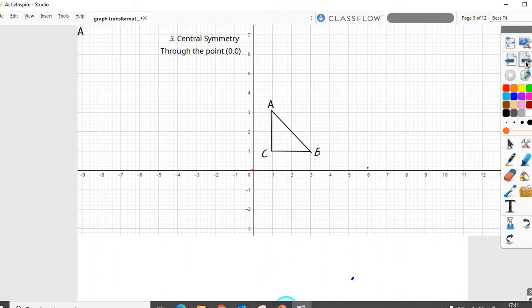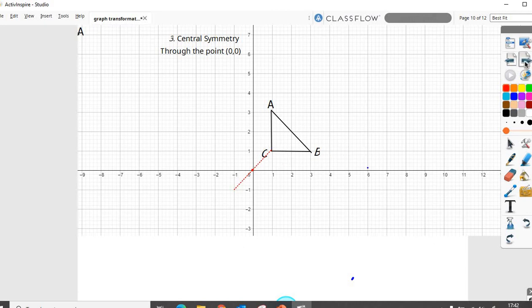The third type of transformation is through a central point. In this case, we're going to do central symmetry through the point 0, 0 here. So to do symmetry through a point, we join up each vertex. We join a line from the vertex to the point and the same distance again.